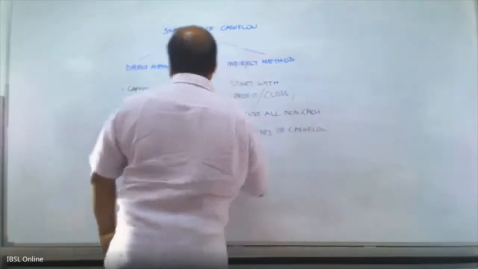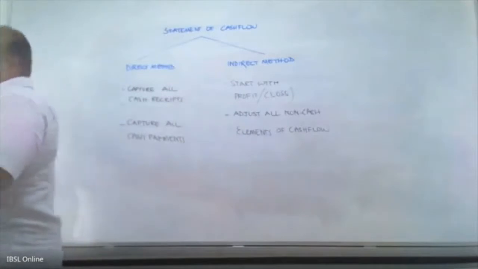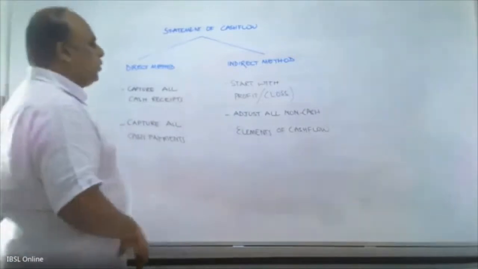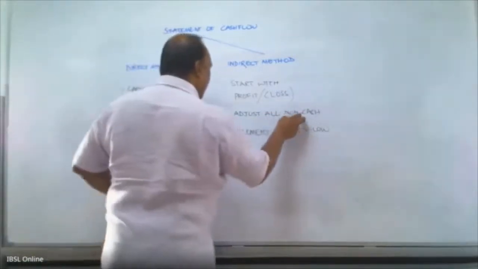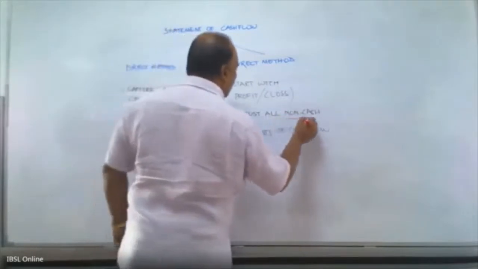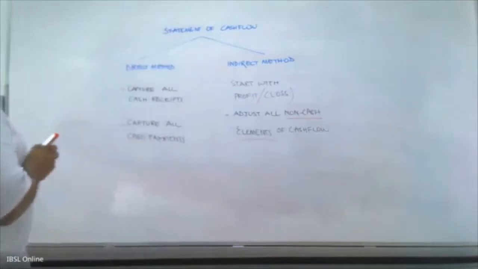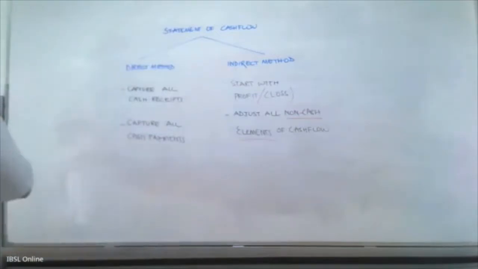Now this is where the indirect method becomes a little tricky. How do I know what are the non-cash elements or non-cash transactions? So that is a bit of a tricky point when it comes to the indirect method.